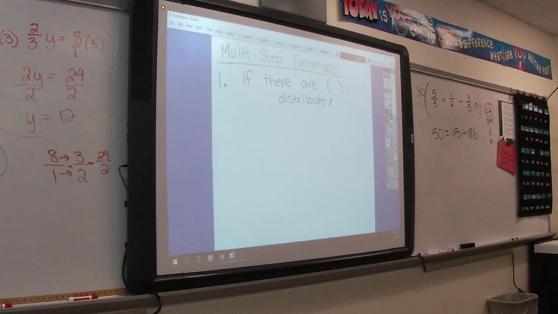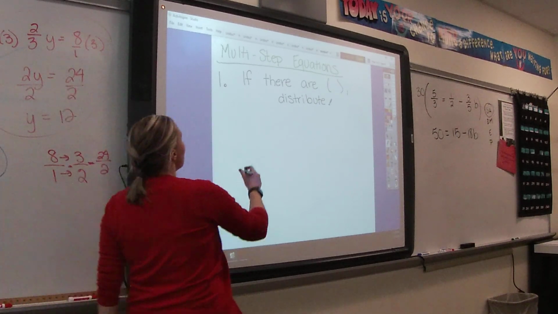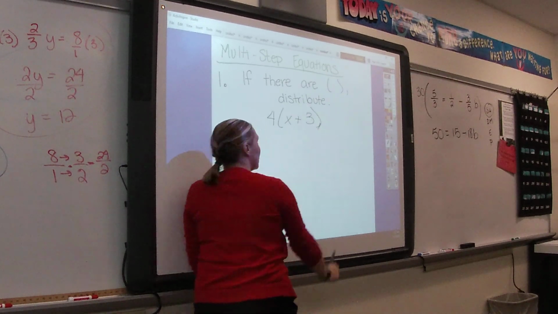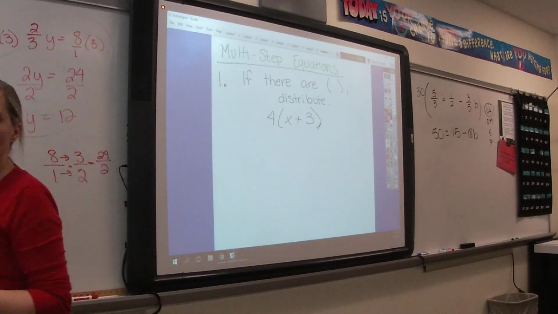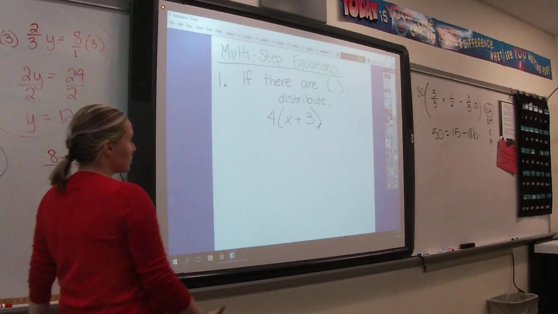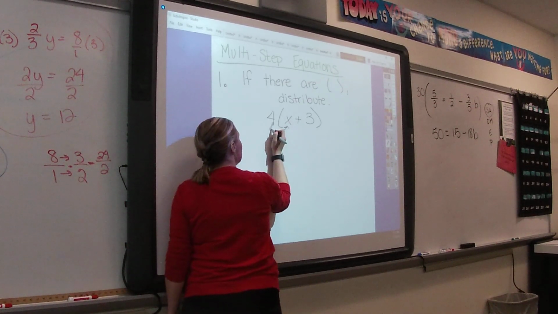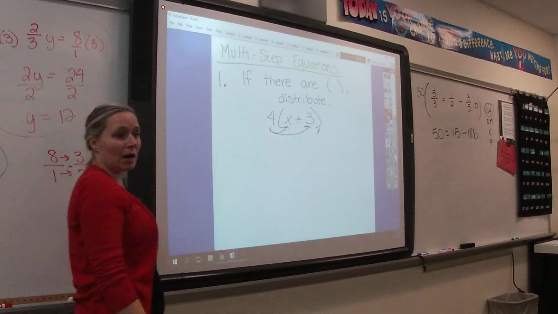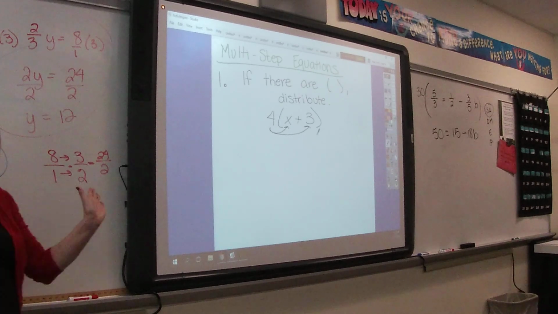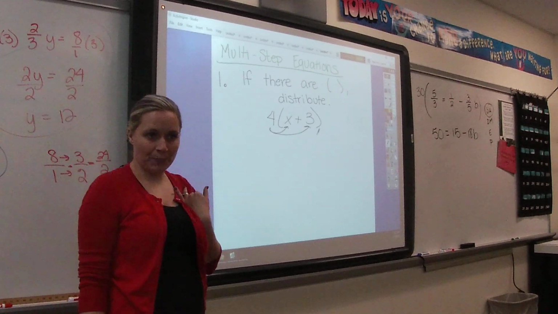So I'm going to pass out the number that is sitting in front of the parentheses. And when I pass it out, what operation am I passing it out with? Multiplication. So I'm going to pass it out here, and I'm going to pass it out here. If there are 10 things inside of the parentheses, I pass it out to all 10 things.